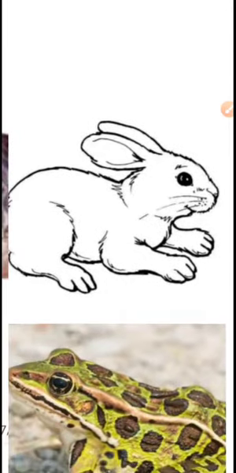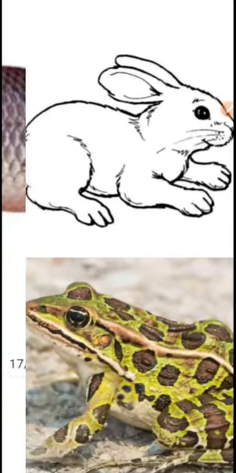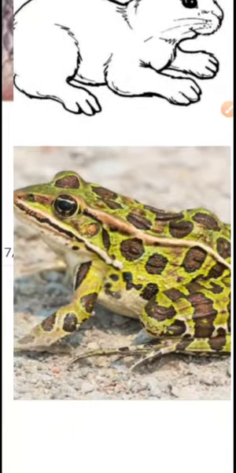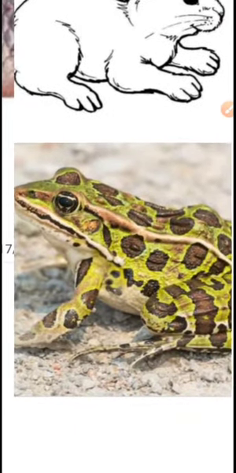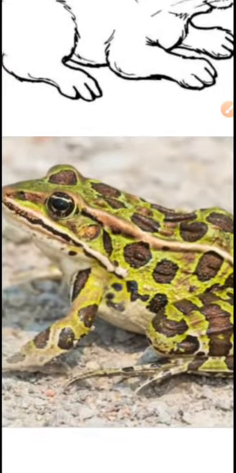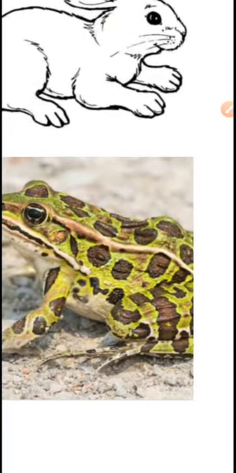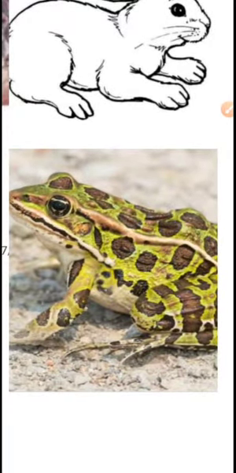Then economic importance, used as food. Then second one, frog. Identifying character, presence of tympanum, or hind limb is longer than forelimb. Economic importance, used as food.